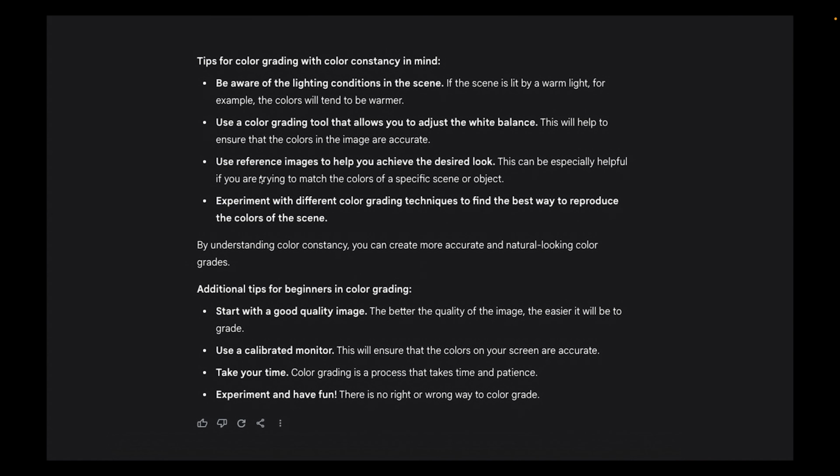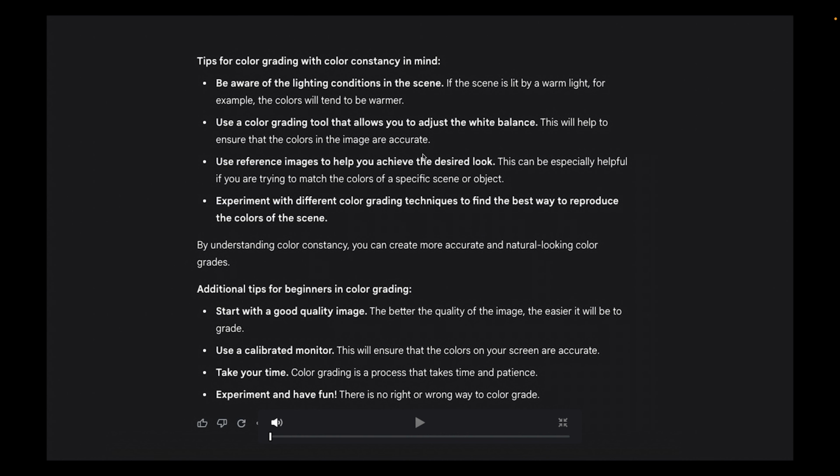This is also something I have here: color grading with color constancy in mind. Be aware of the light conditions in the scene. If the scene is lit by a warm light, for example, the color will tend to be warm. Do you understand? Use a color grading tool to allow you to adjust the white balance. This will help ensure that the color in the image is accurate.